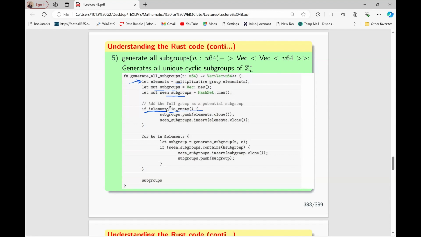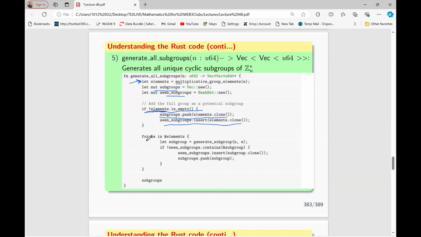If the elements is not empty, then you proceed here: push the elements to the subgroup. Then insert the elements in the seen subgroups. Is that okay? Yes, insert it.